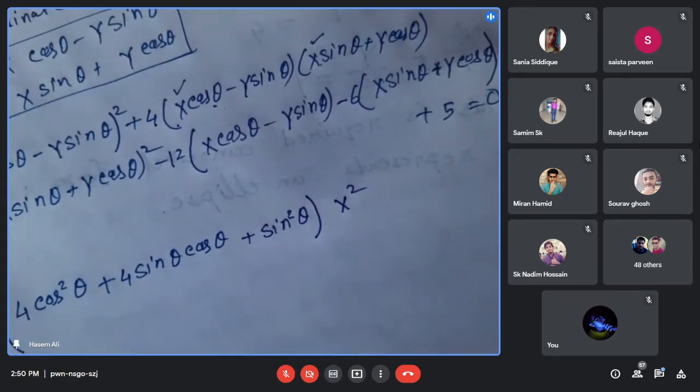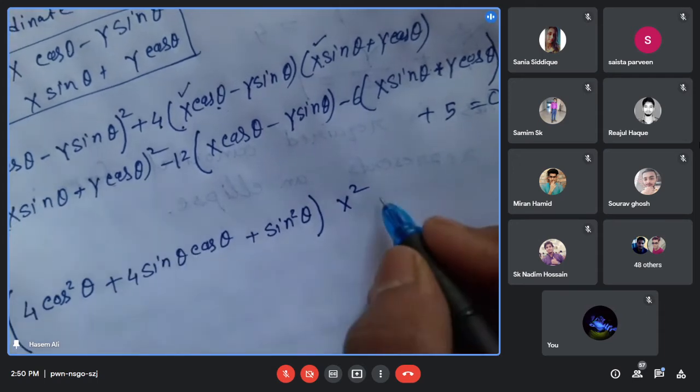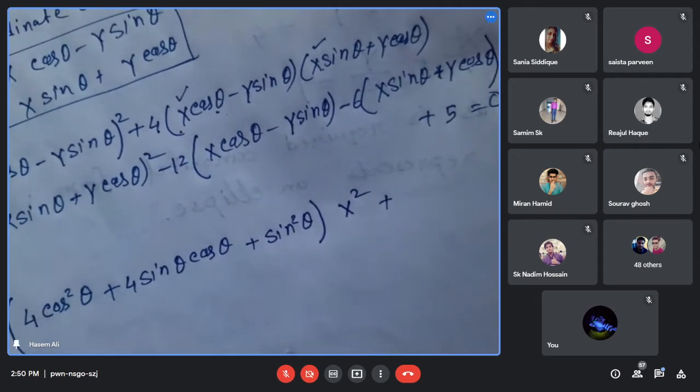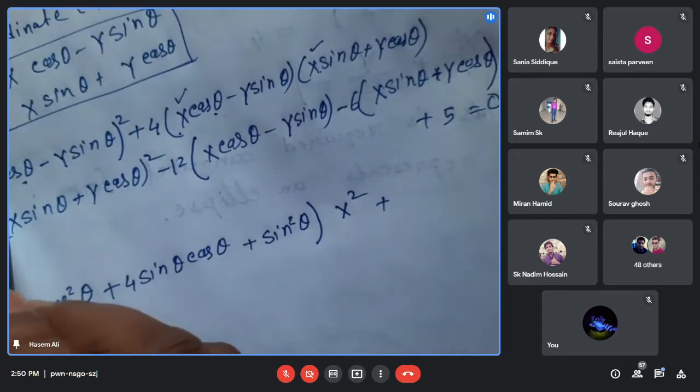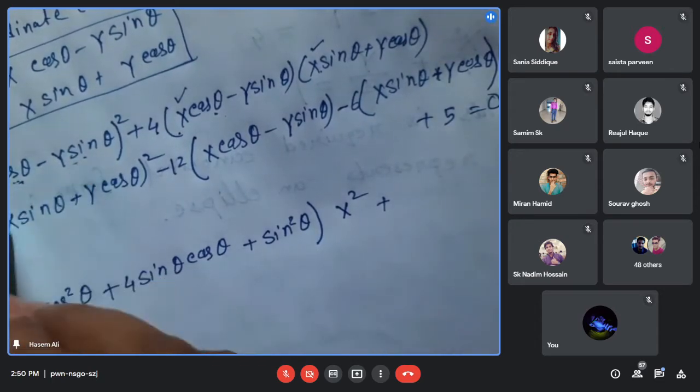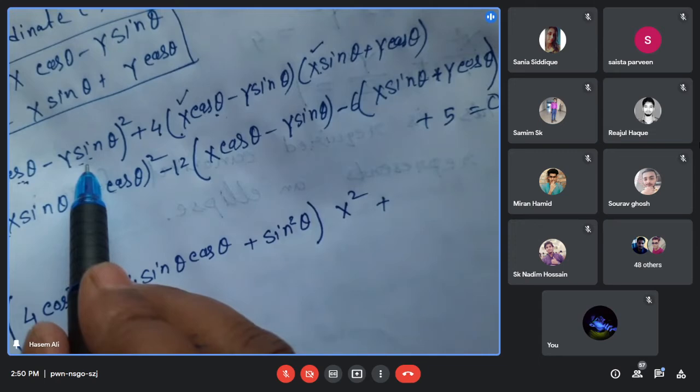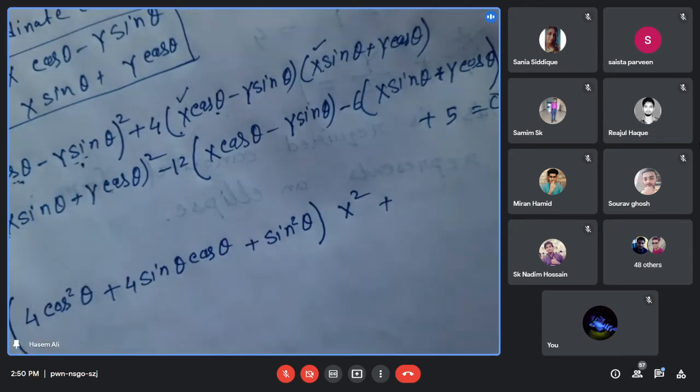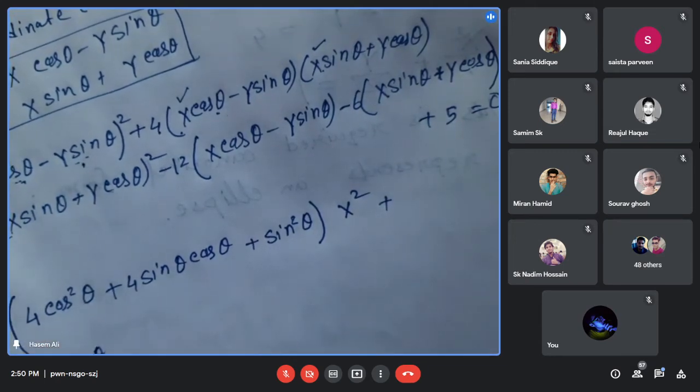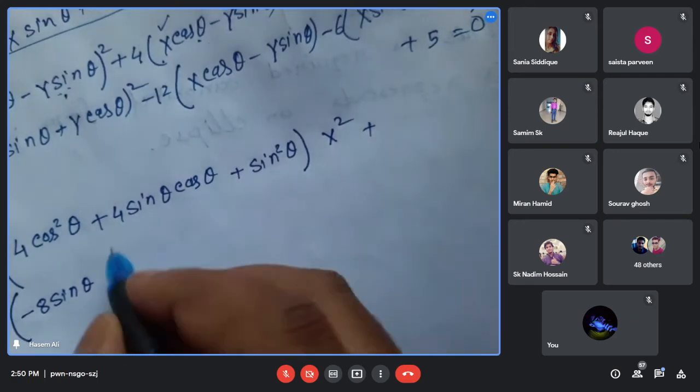Now coefficient of xy. From the first term, it will be minus 8 sin theta cos theta.